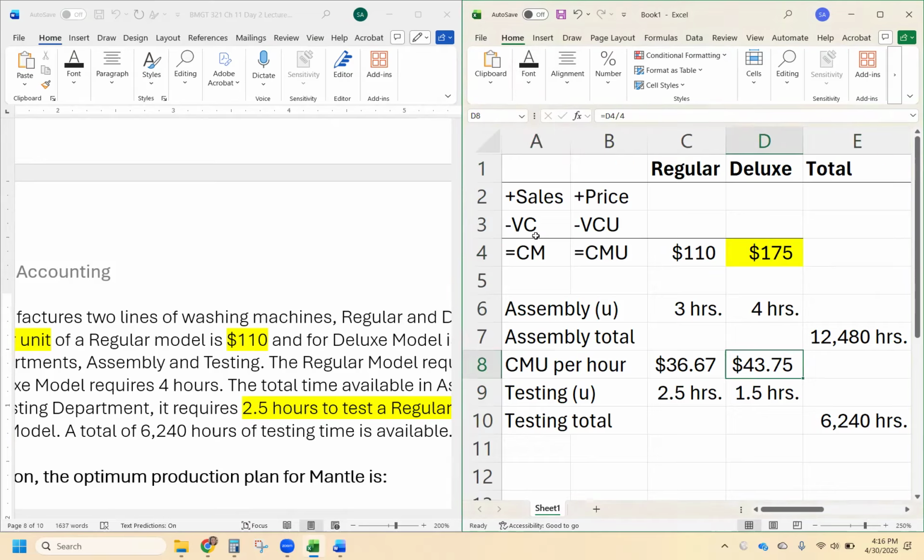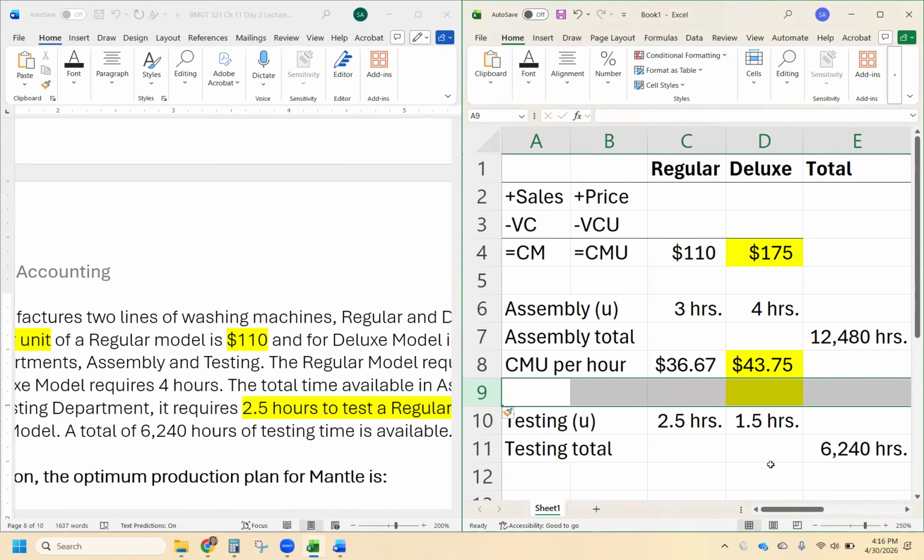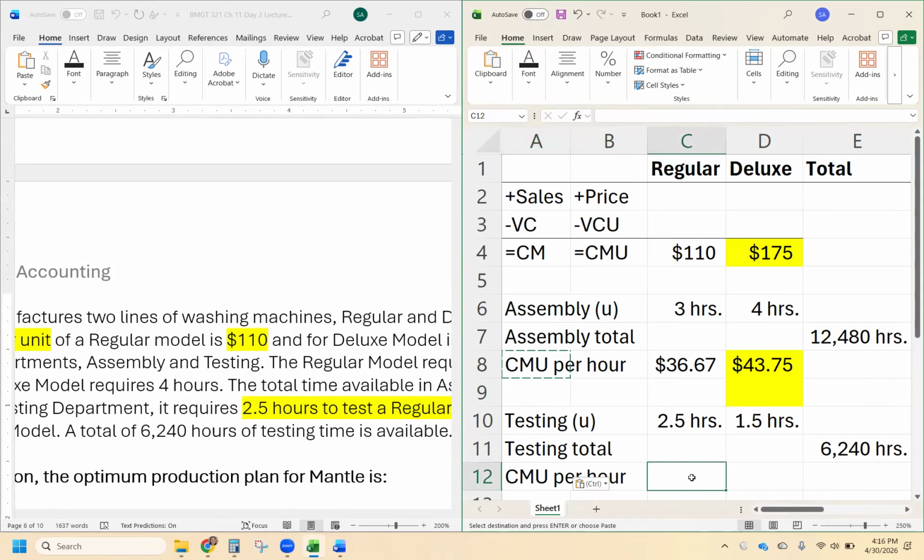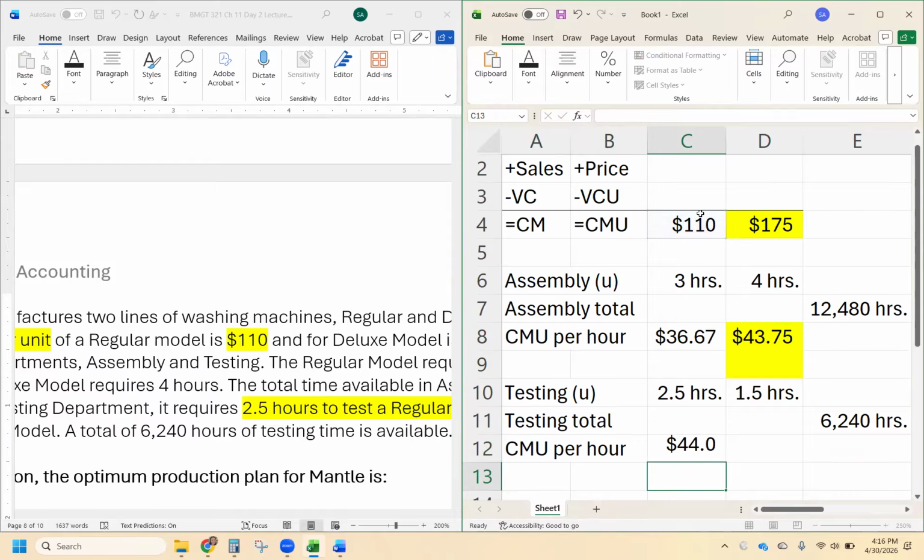And this one is the best in CMU per assembly hour. So for testing, I don't really have to do this, but I might as well.